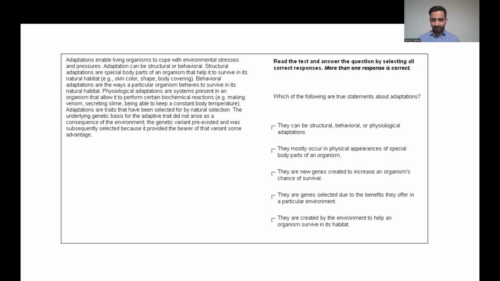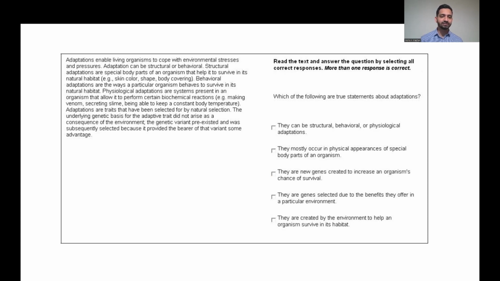Option number 3 is they are new genes created to increase an organism's survival. Okay, we have to read more to see if that makes sense so far. Adaptations are traits that have been selected by natural selection. Okay, so these are selected. So there was something about selection here. Option number 4 says they are genes selected due to the benefits they offer in a particular environment. Okay, let's see if they're selected that way. Adaptations are traits that have been selected by natural selection.